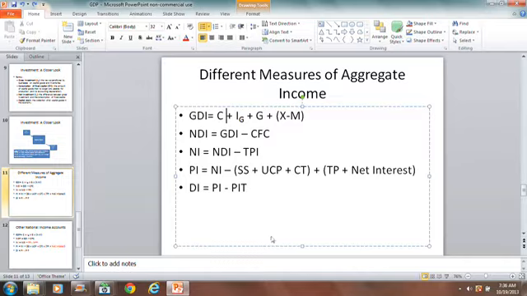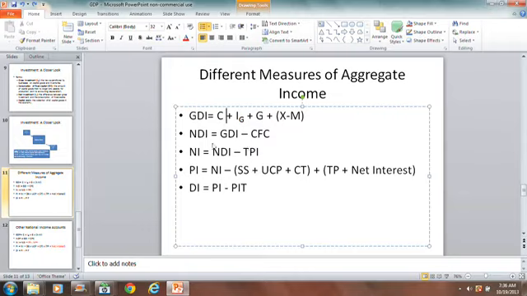How you would calculate each one is just a question of refinement. GDI, as I mentioned, we can take the equation for GDP and calculate GDI. To calculate NDI, you simply subtract from the GDI estimate the wear and tear on the capital stock, the CFC component, consumption of fixed capital. So net domestic income is GDI minus the CFC.